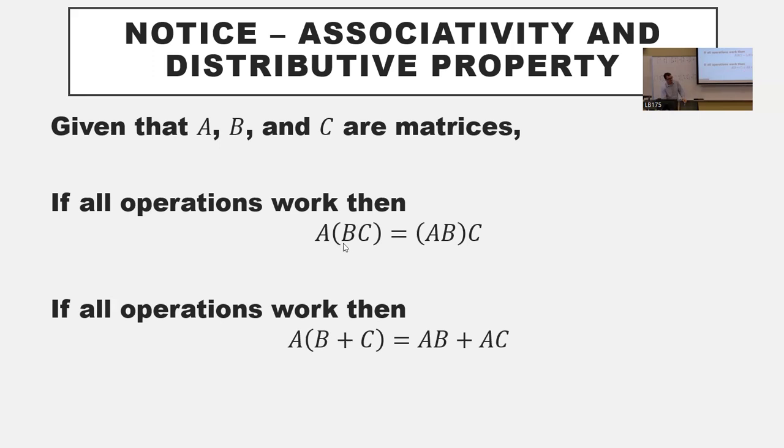A on the left times the product of BC, then A on the left of B, product times C on the very right is also going to be the same thing, as long as I keep the A on the far left and the C on the far right. So associativity and the distributive property do work with matrix operations.